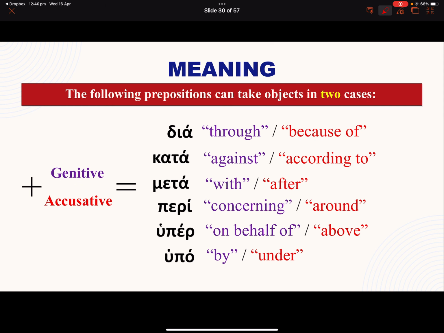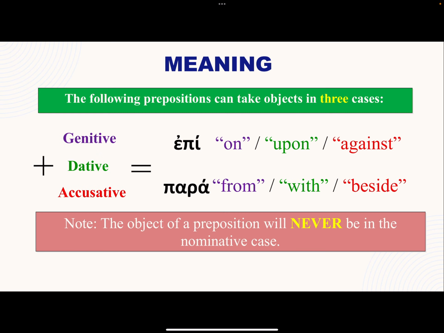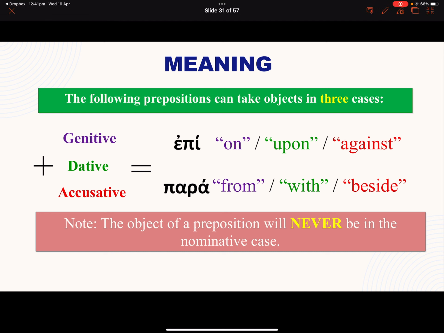There are a few words in Greek that can actually be followed by three cases, and so these are perhaps our most complicated examples. They have three different cases that they can be followed by, and when they're followed by these different cases, it does change the meaning of the word.